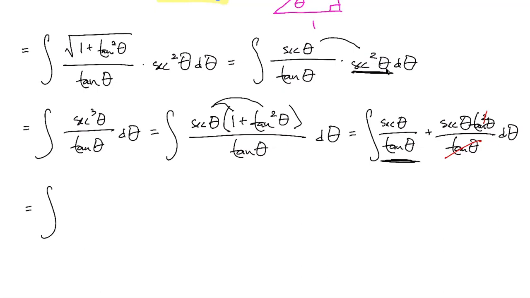So instead of secant, I'm going to write that as 1 over cosine theta. And instead of tangent, I'm going to write sine theta over cosine theta. Plus, the second term we said was secant theta, tangent theta, d theta.